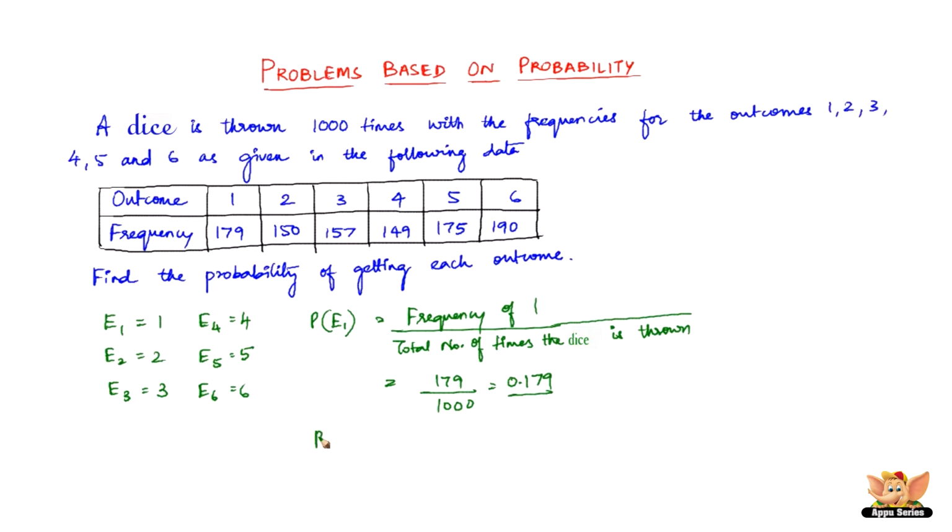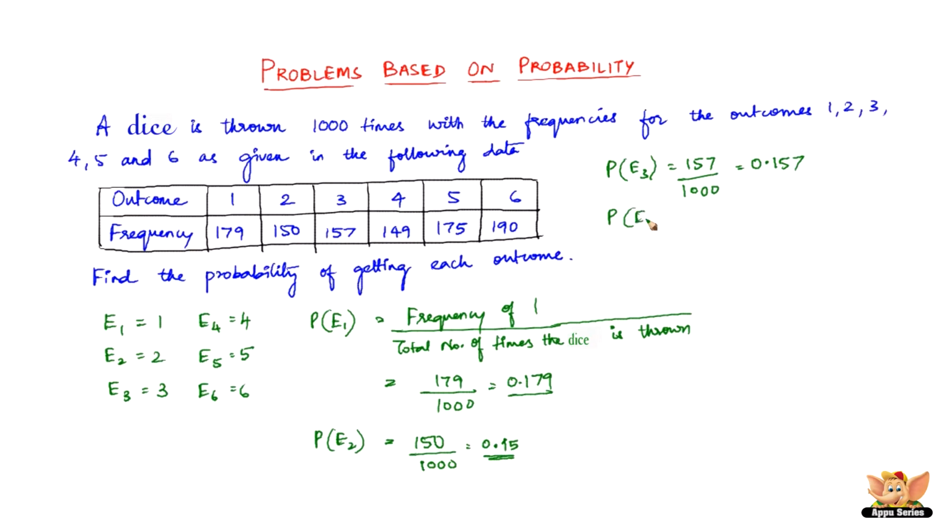So similarly, the probability of event 2, or the probability of the outcome of the 2 in a die, is nothing but 150 by 1,000, which is nothing but 0.150, which is the same as 0.15. So the probability of the event 2 is 0.15. The probability of event 3 is 157 by 1,000, which is nothing but 0.157.